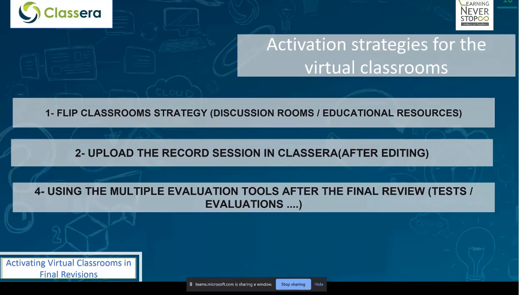One of these strategies that you can do as a teacher using the tools inside Classera is the flipped classroom strategy using the discussion rooms and educational resources. What does this mean? Let's make a scenario for you as a teacher. For example, for next week, I want to create two final revisions using the virtual classroom.